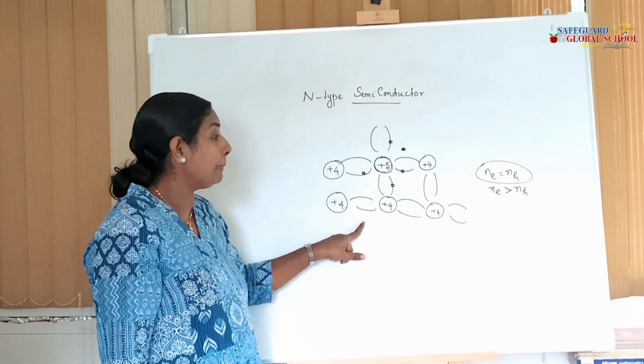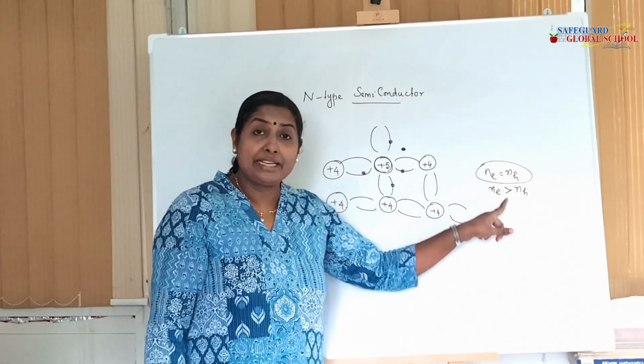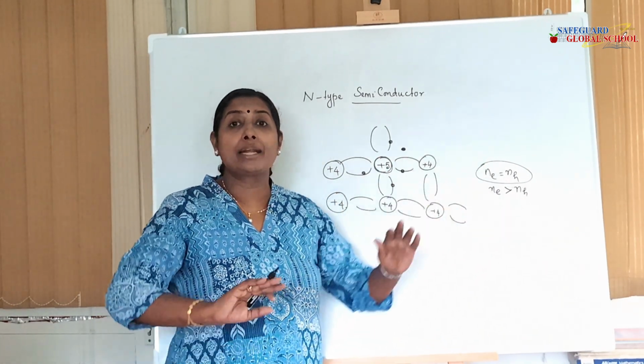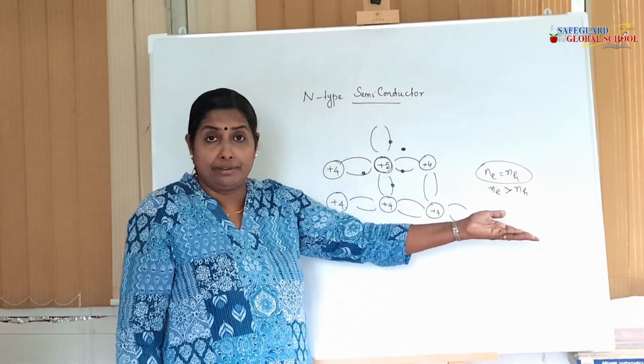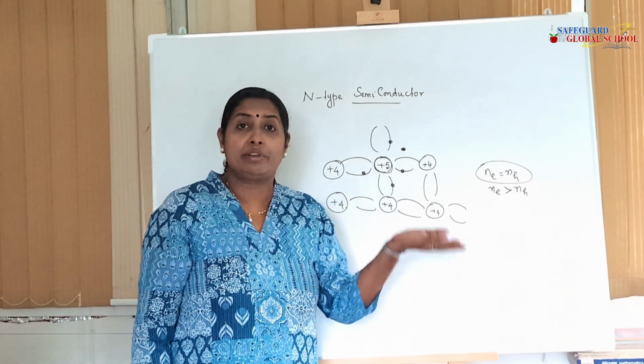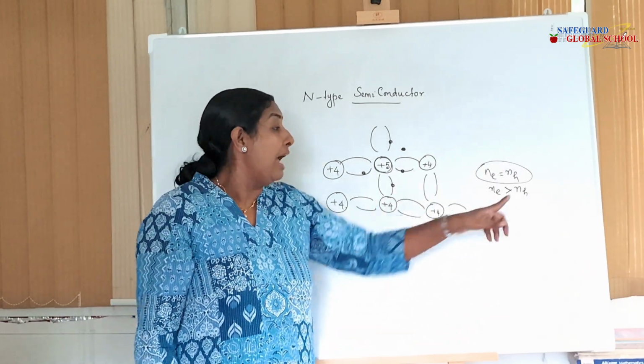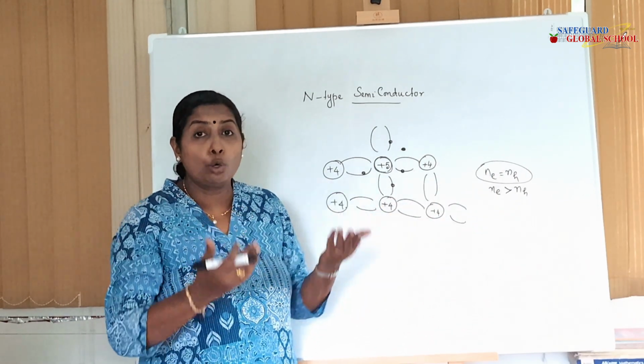This type of semiconductor, where the negatively charged electrons are the majority carriers and the holes are the minority carriers, electrons being more in number, is called N-type.